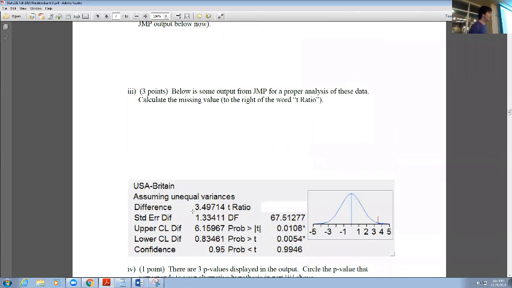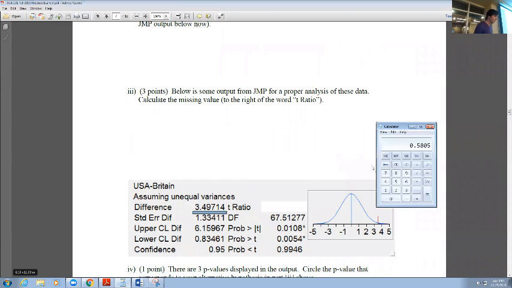But I want you to see in this output right here, all I'm going to do is divide those two numbers. If you take 3.49714 and divide by 1.33411, I'm taking the difference between these two means and whatting it? Standardizing it, and there is my test statistic.